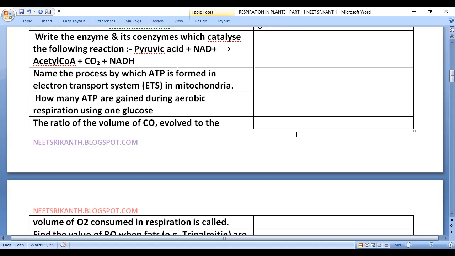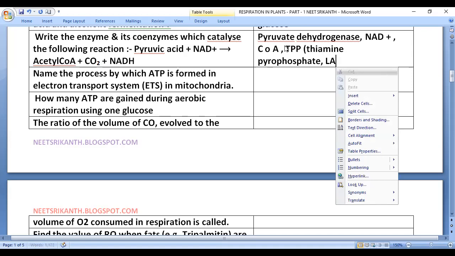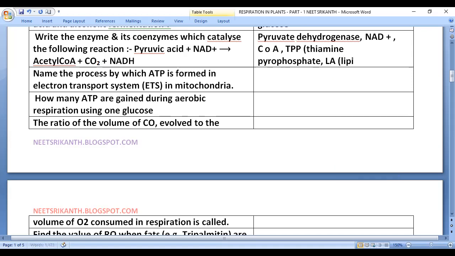Here the enzyme is pyruvate dehydrogenase, with NAD plus, coenzyme A, TPP, which means thiamine pyrophosphate, and lipoic acid.